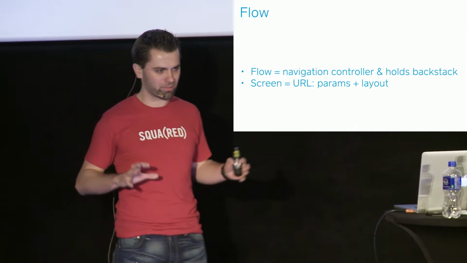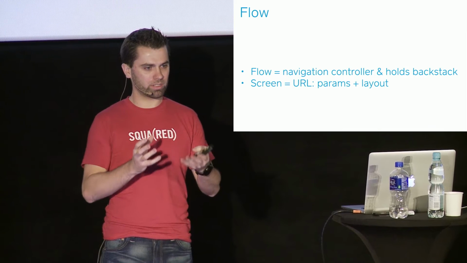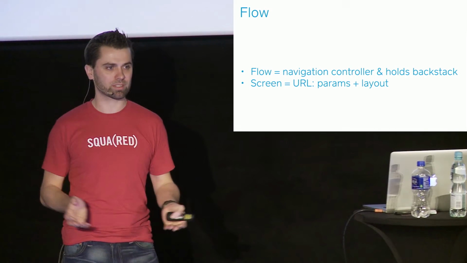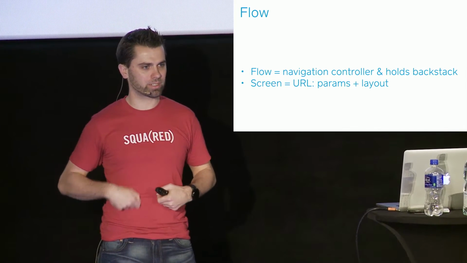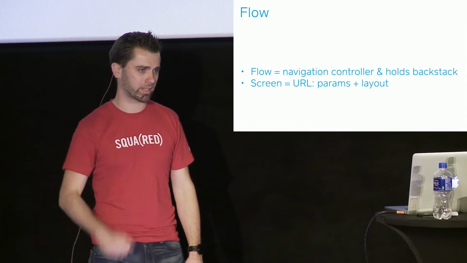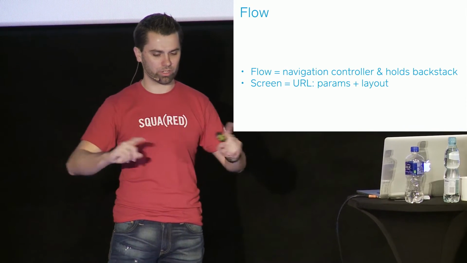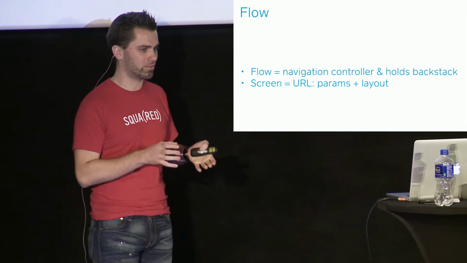It's the idea that you have a central object, which is Flow. It's the navigation controller. It holds the queue of screens that you just saw, so it's called the backstack. And then you just tell Flow, hey, I want you to go there, I want you to go here, or I want you to go back. And then it handles maintaining the backstack and understanding where you should go. A screen is very much like a URL.